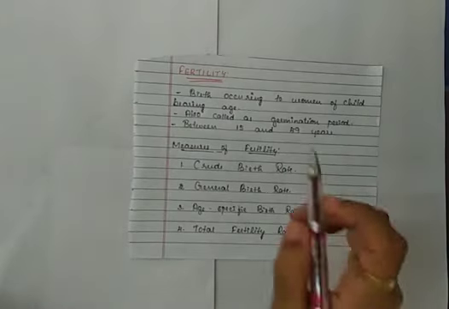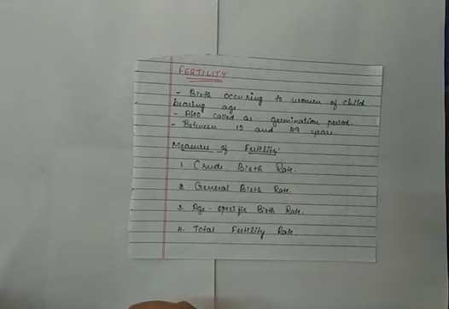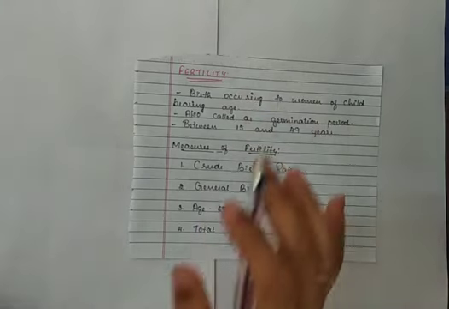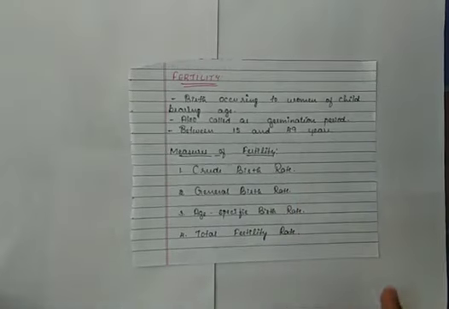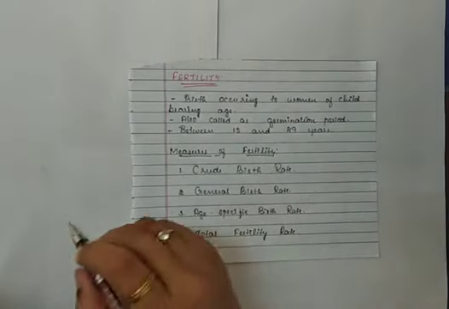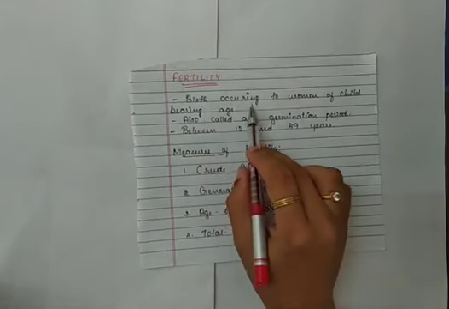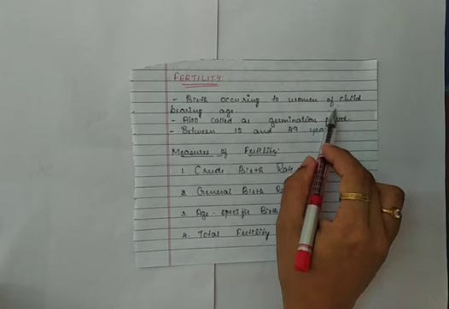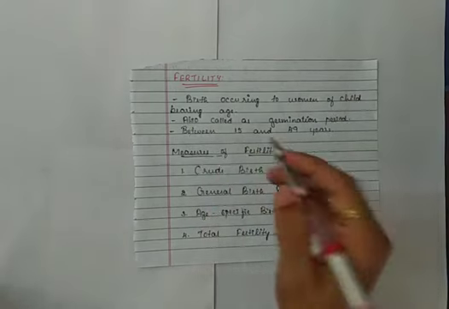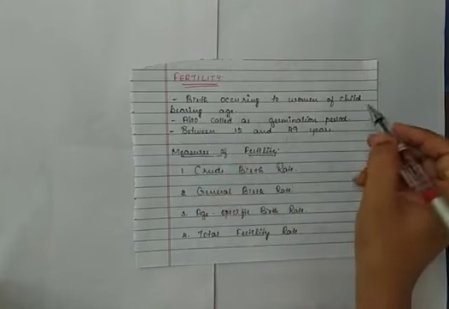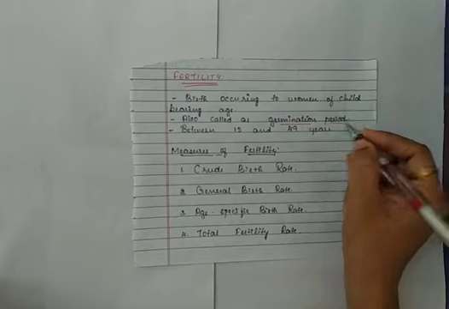The next topic when it comes to vital statistics is fertility. Based on fertility, we are preparing the statistics. Let's see what is fertility. Fertility is nothing but the birth occurring to women of childbearing age. It is a biological one, and this childbearing age is also called the germination period.